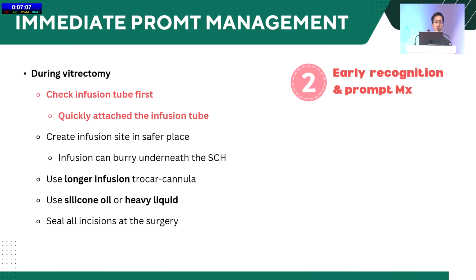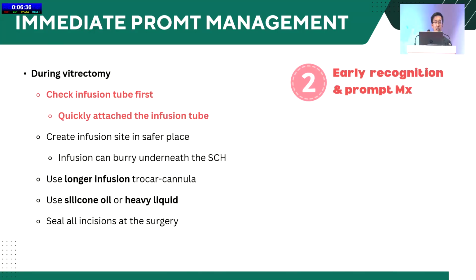During vitrectomy, as Andrew showed us, you need to check the infusion first. Otherwise, you can create more suprachoroidal hemorrhage, because sometimes the infusion can bury underneath the suprachoroidal hemorrhage. So it is better to check the infusion before you turn it on, or if it is already off, you can quickly attach the infusion tube and check if it is inside the vitreous cavity or not.